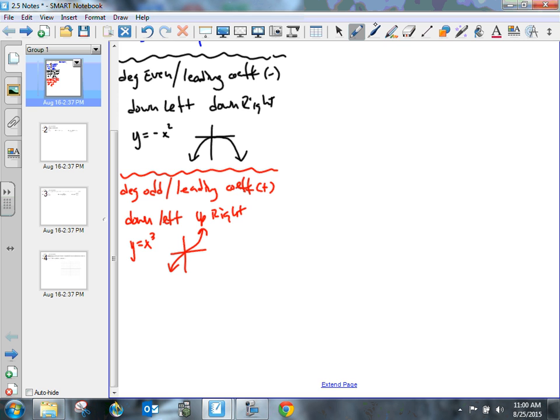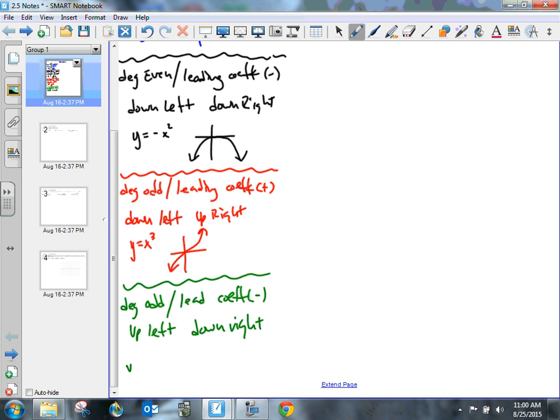Okay, the fourth option that we've got is if our degree is odd and our leading coefficient is negative, okay, then we go up to the left and then down to the right.